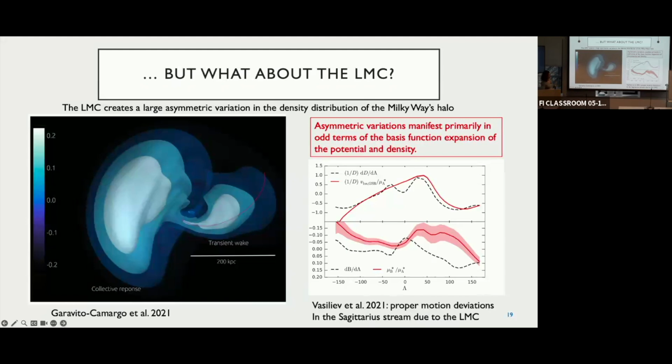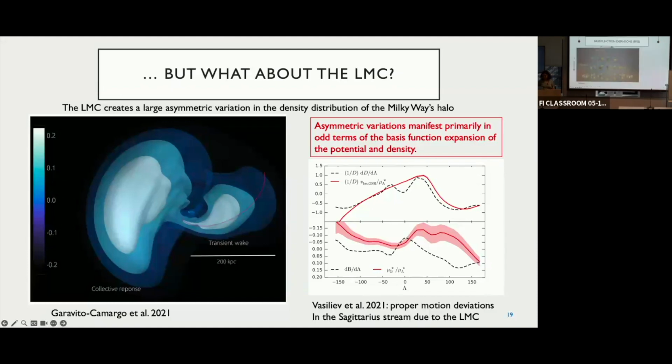But again, we realized from this work that Nico did that if you do something called a basis function expansion, the asymmetric variations in the potential manifest in the odd terms of the basis function expansion.